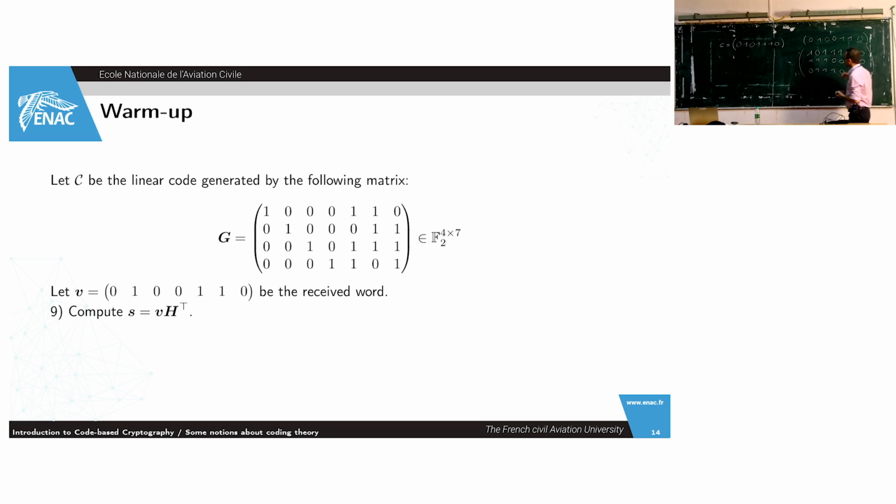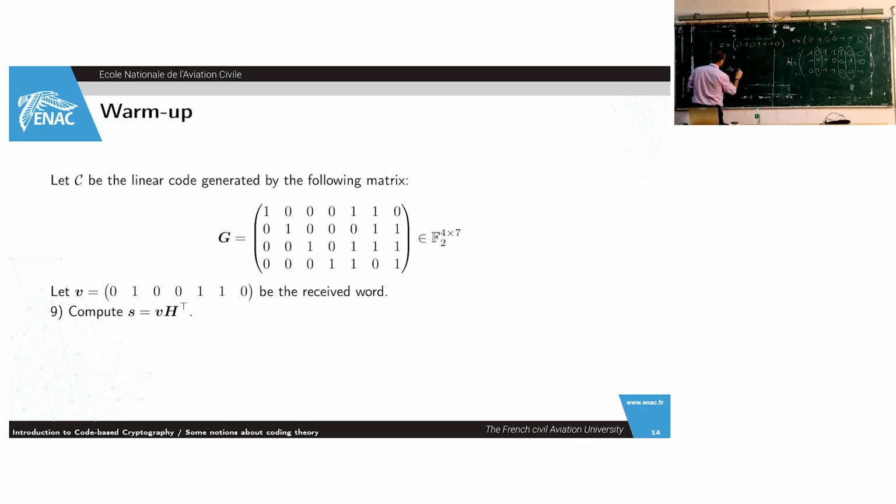This was V. This was H. If I compute H times V, I have to sum 0 times this column, 1 times this column, plus 0 times this column, plus 0 times this column, plus 1 times this column, plus 1 times this column, plus 0 times this column. So at the end, it's only this column plus this column plus this one. Okay, let's do this.